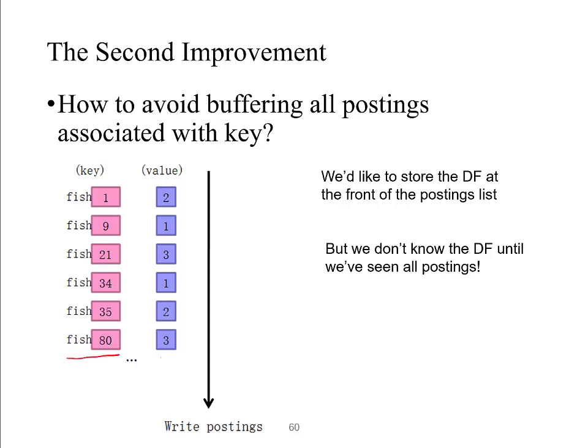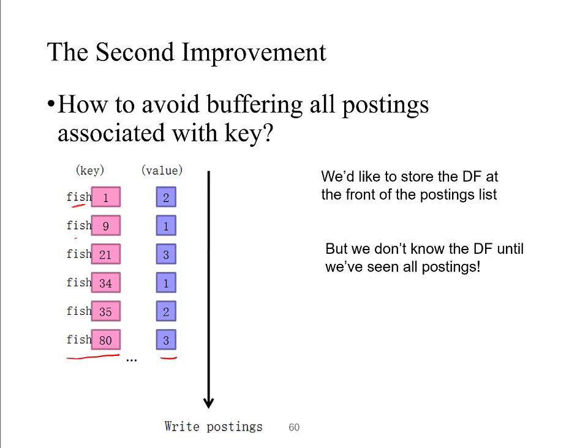Now, as we already have this as key and this as value, we still need to wait to see all of these and count the document frequency.